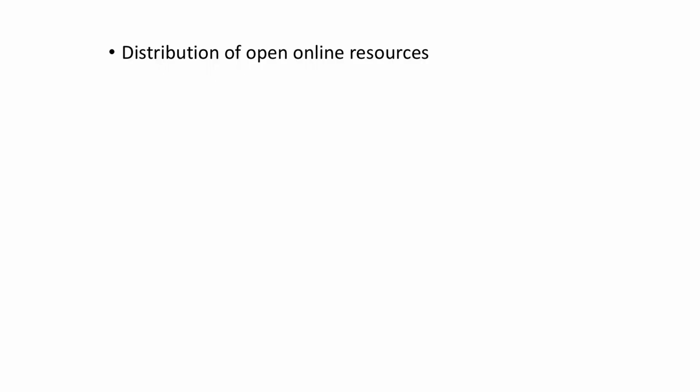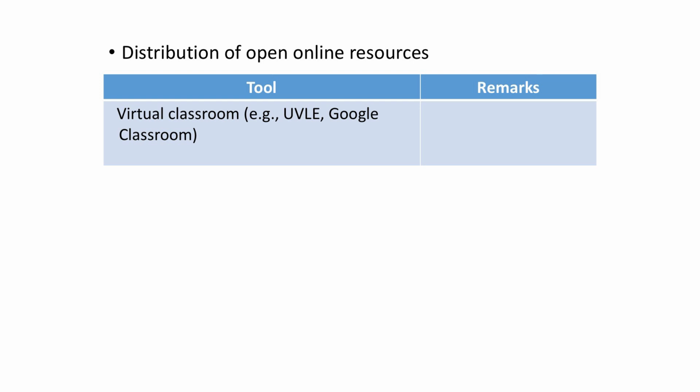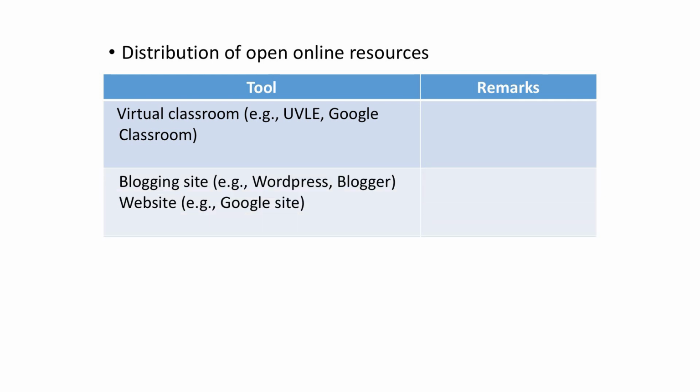The best way to share these resources with your students is through a virtual classroom, just like what we've seen a while ago, because you are able to organize them according to units or topics, so students can easily track all the resources. Otherwise, you can share the links to the resources or the files of the resources in a site that your students can all go to.